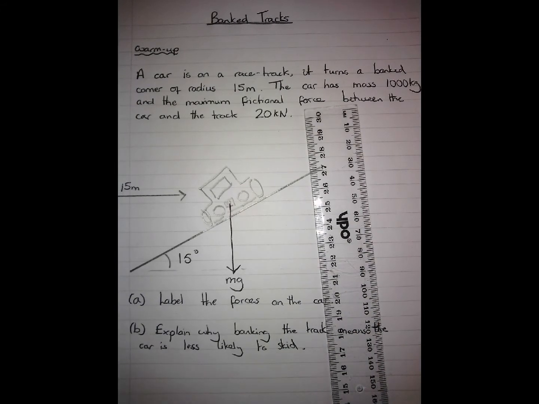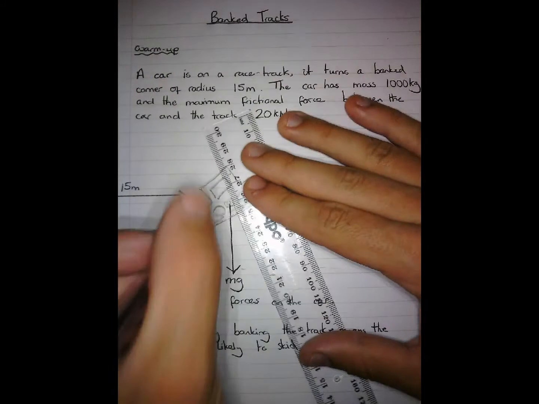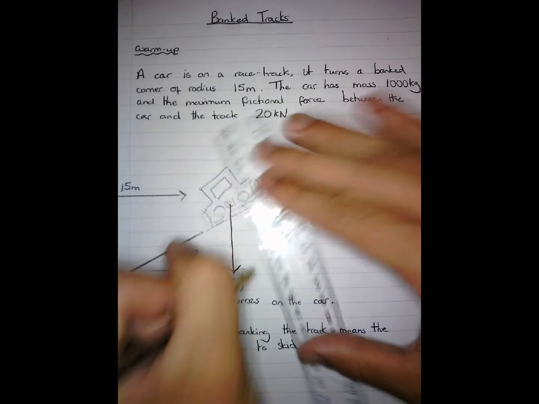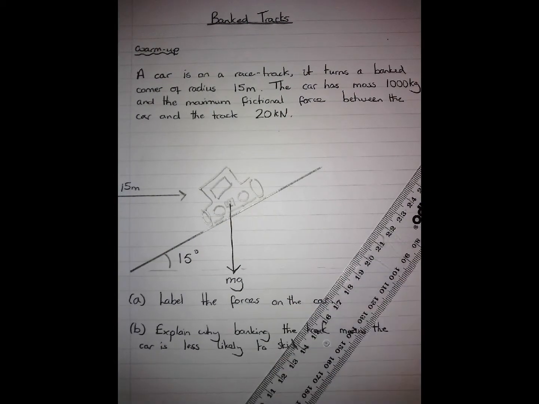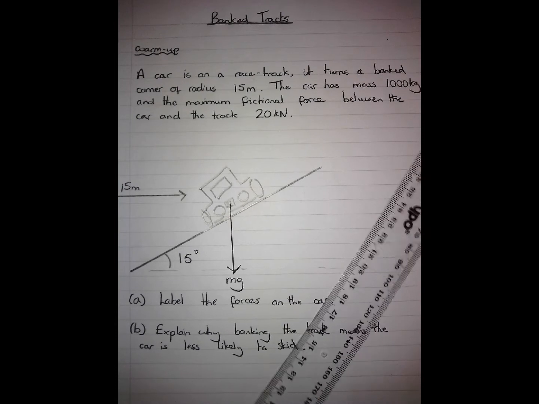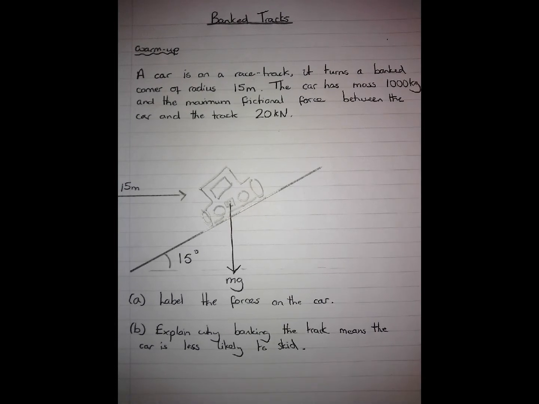At this point, you should recognise this as similar to a previous problem we've seen, the problem of things on inclined planes. That means we can resolve the weight into two components, but we're going to leave that for now and do the rest of the forces before we think about any of that.